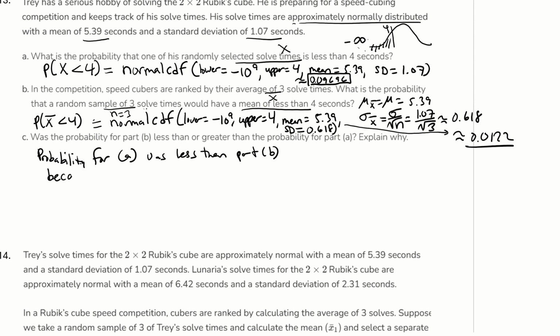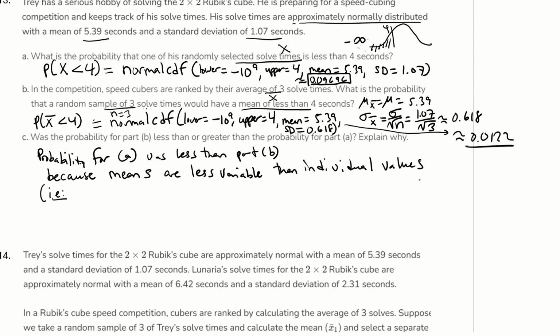Because means are less variable than individual values. Individual values tend to vary more. Averages tend to vary less, okay? Means are less variable than individual values, because remember, sigma x bar was sigma over square root of n.